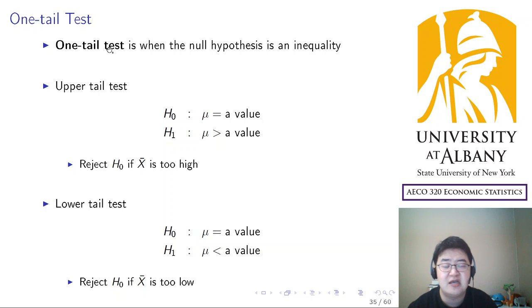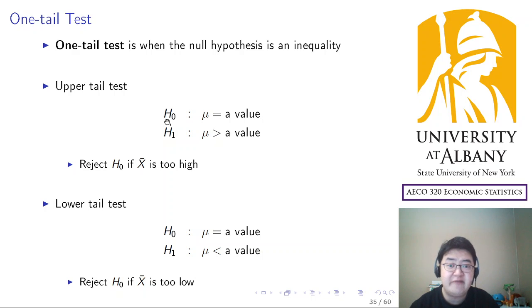One-tail test is when the alternative hypothesis is an inequality. So here I use this notation: upper tail test or lower tail test. And for upper tail test, we are checking whether mu is greater than something or not.